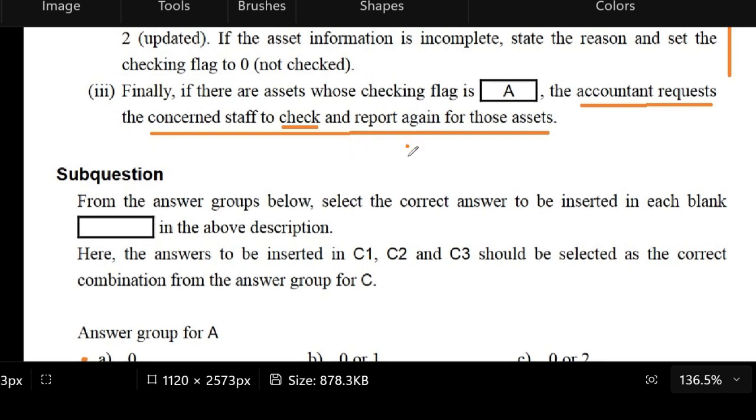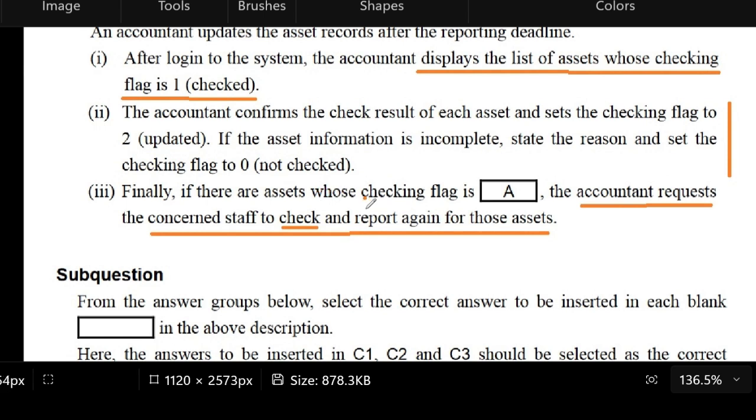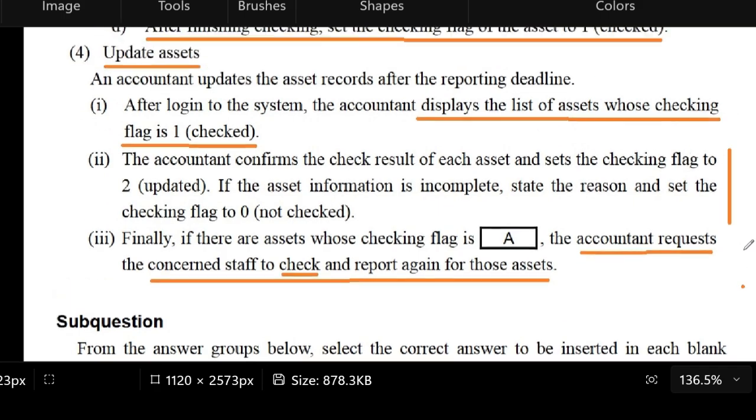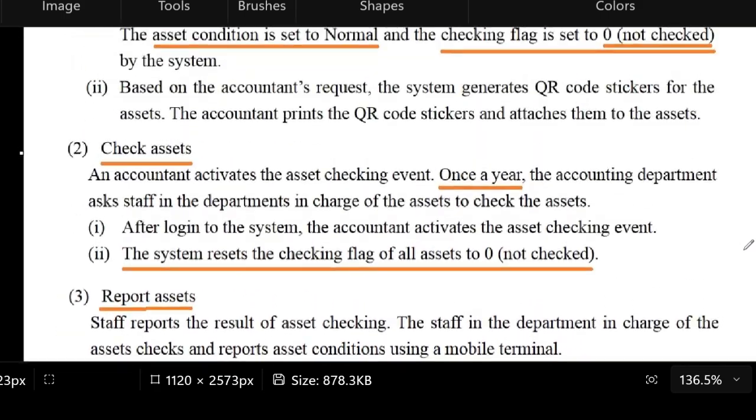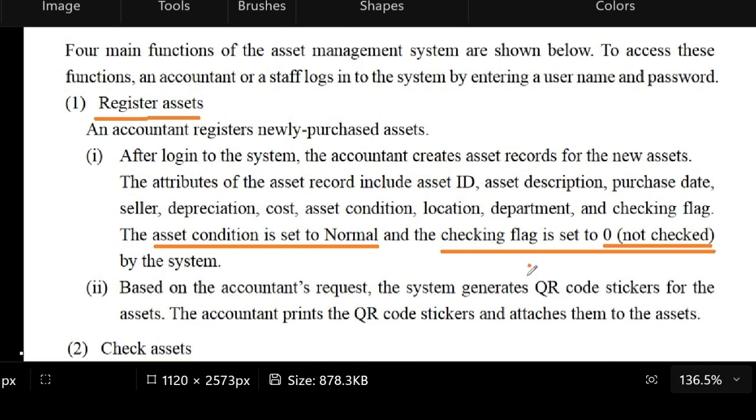The blank here says that the checking flag is blank after doing all the previous steps, and we need to know what the value should be, whether it's 0 or 1 or any of the other ones. Because we are talking about the checking flag, other than reading the previous description but not focusing too much on it, the way to answer this was to look at what the checking flag is in the first place.